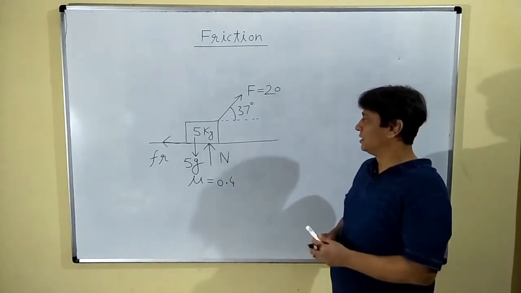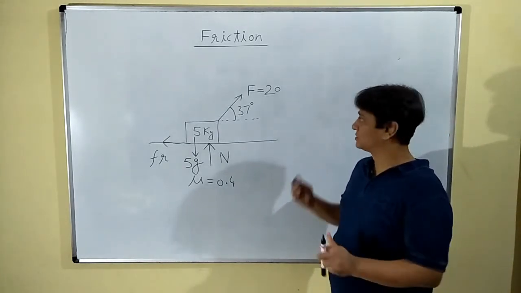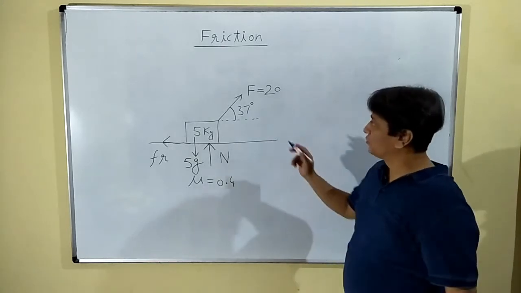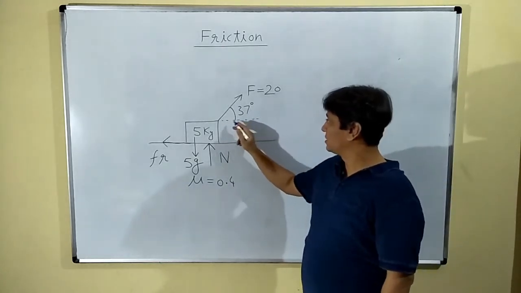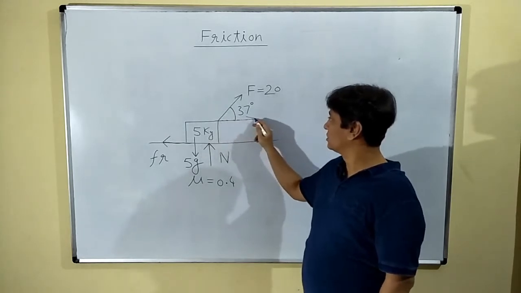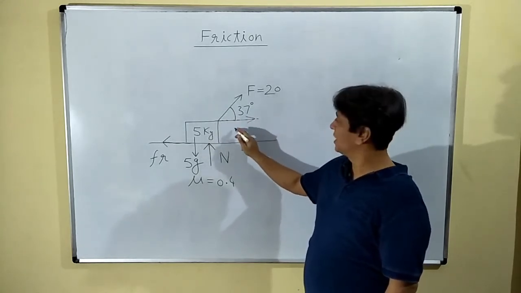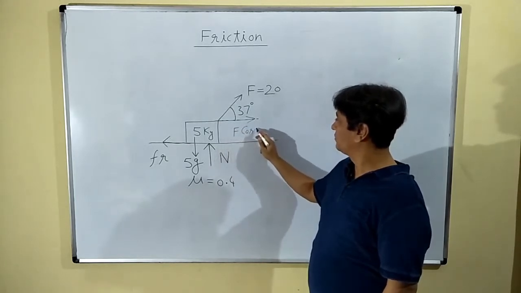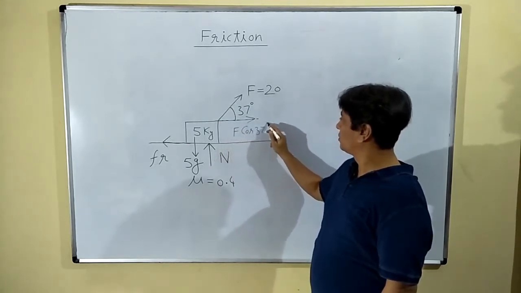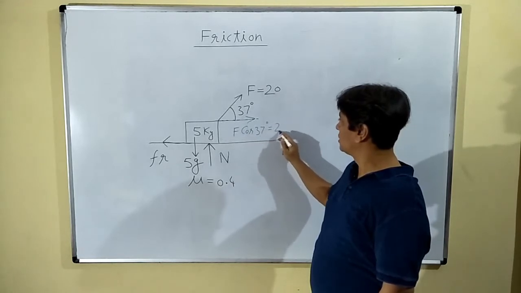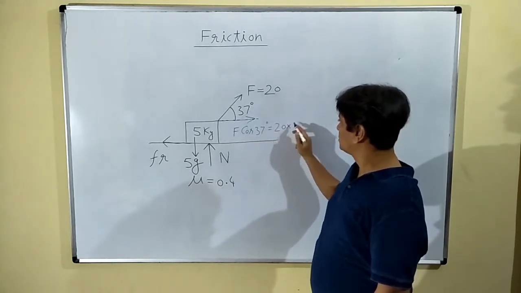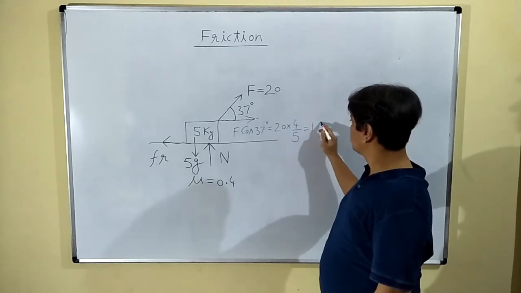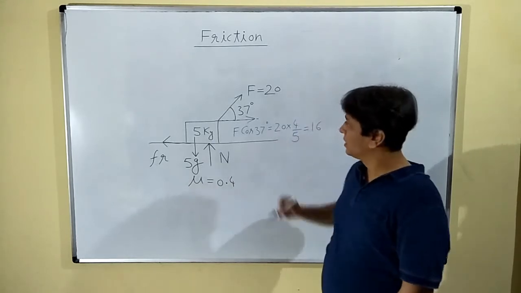Now, we know that whenever we have forces like this, we always resolve them. The force component in this direction is F cos 37. F is 20, cos 37 is 4 by 5, so this is coming 16.